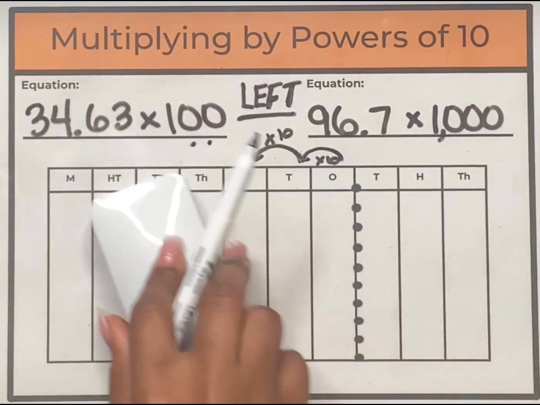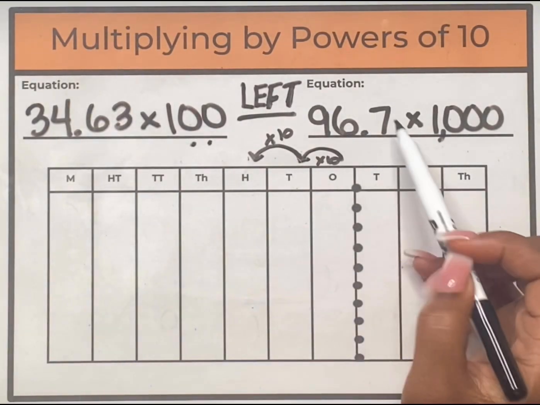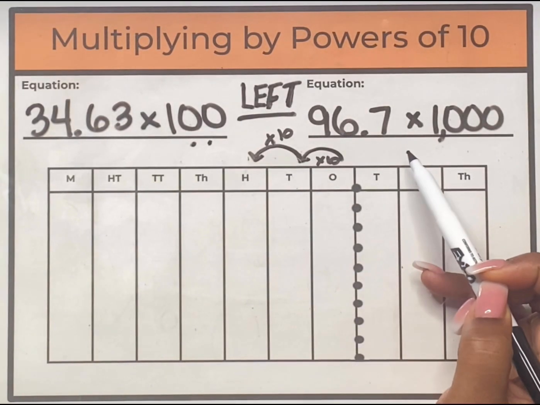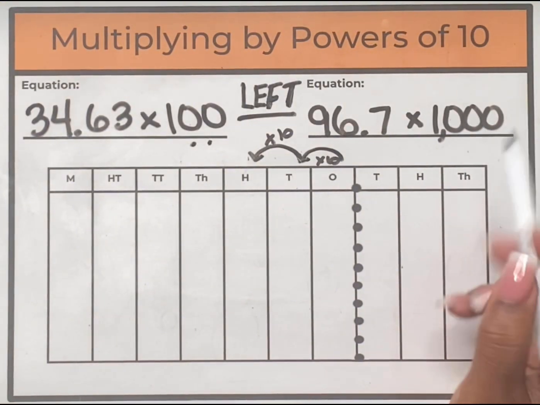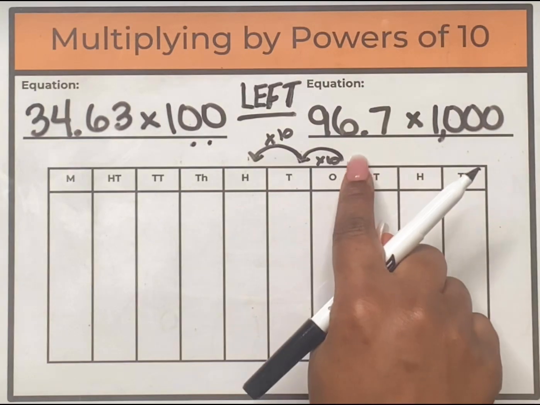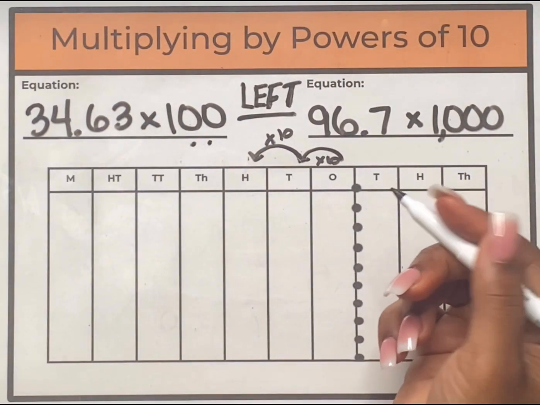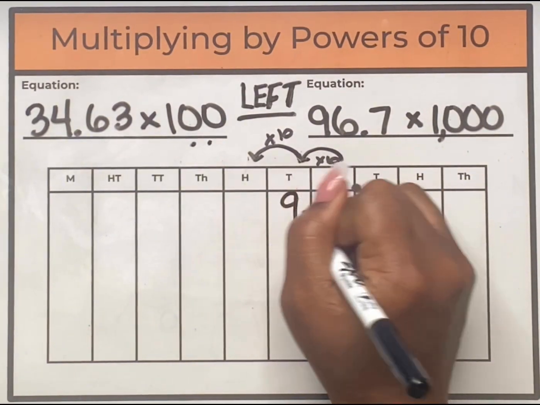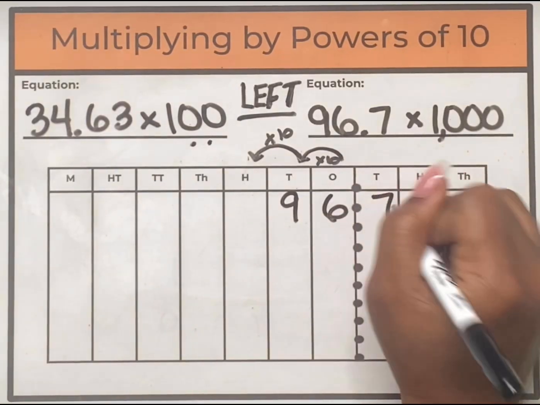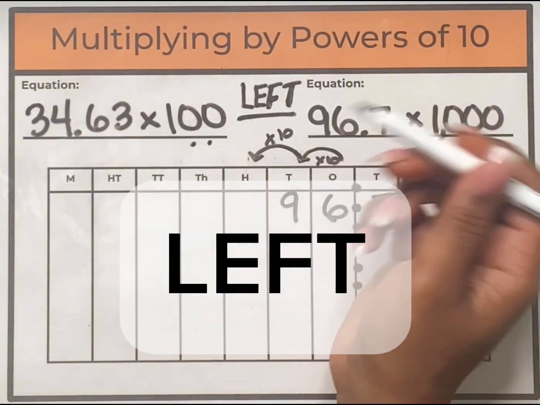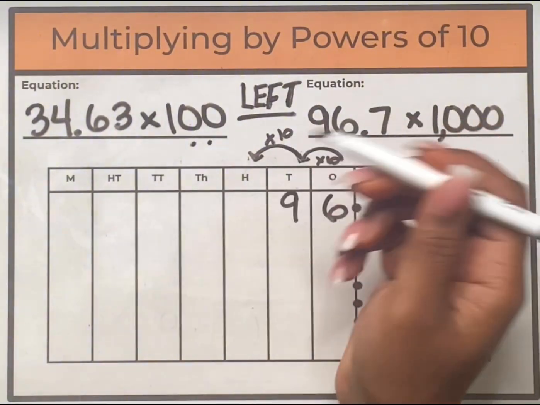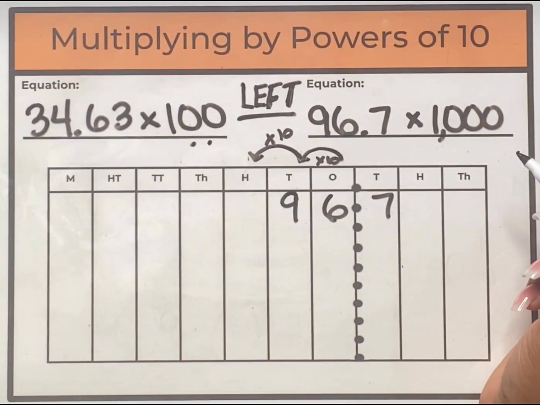Our next equation is 96 and 7/10 times 1,000. We start by taking our number, placing it in the chart. 96 and 7/10. We know we're multiplying, we're moving to the left. Very good. And we're going to move how many times? Need a second to think.